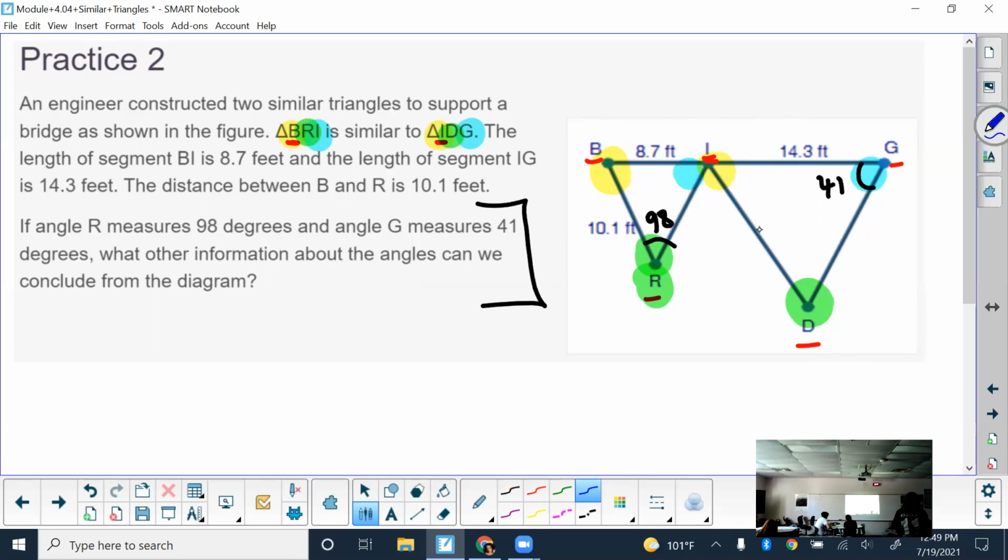So what's something that I can fill in given this information? This one here, good, and because remember there's 2 angle I's. So what will the BIR angle be? 41, good. What else can I figure out?